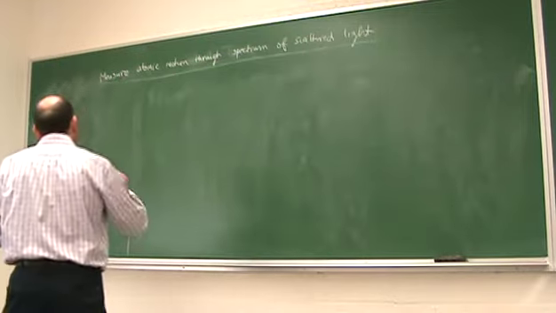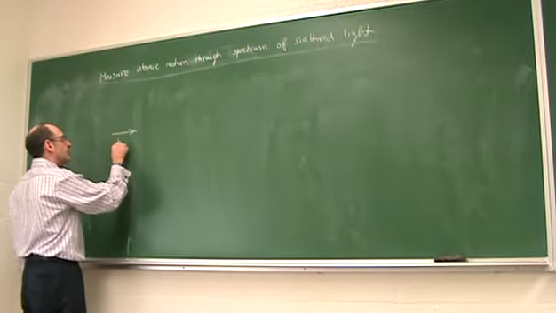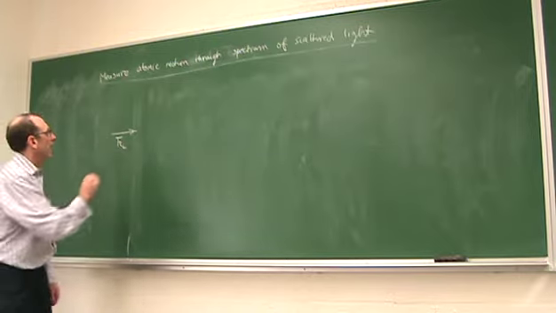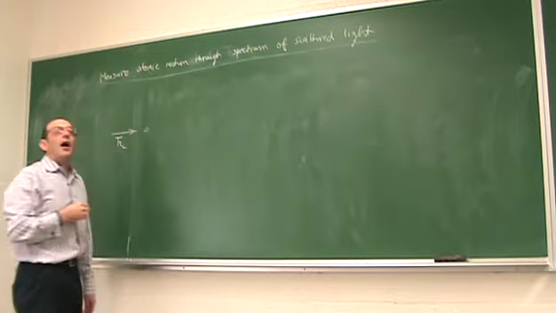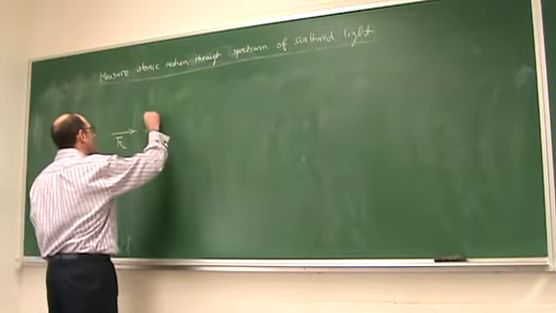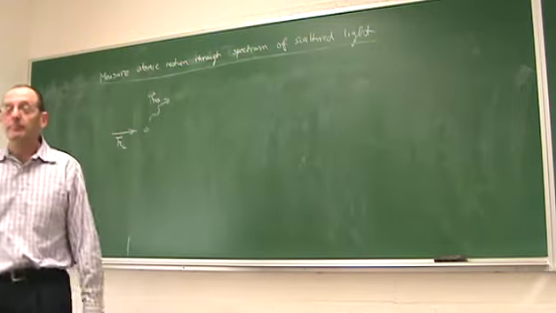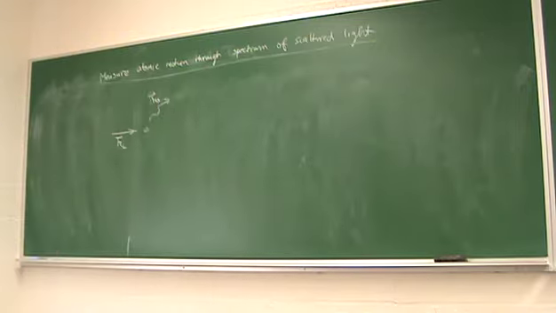So let's look at a situation where I have some plane wave coming in. I have some polarizable particle, like my atom, which can scatter some of that light.